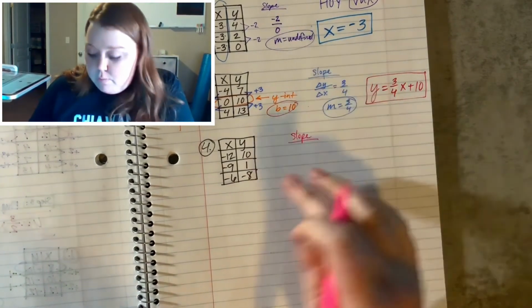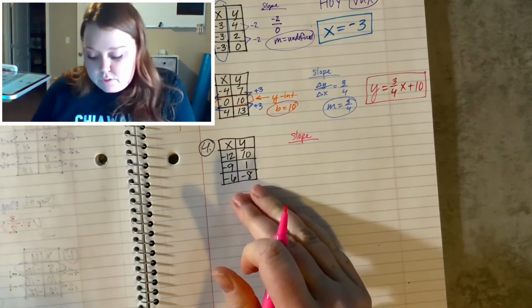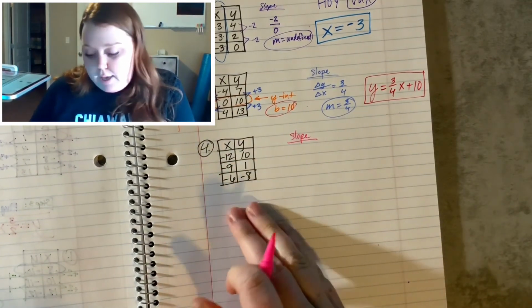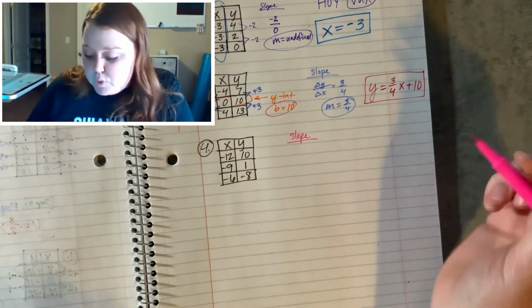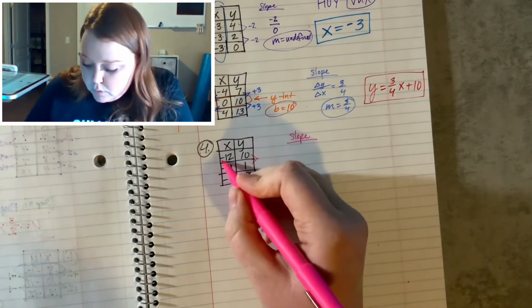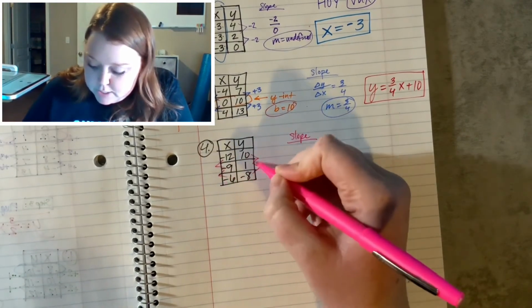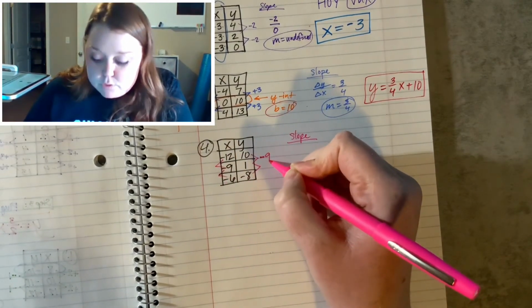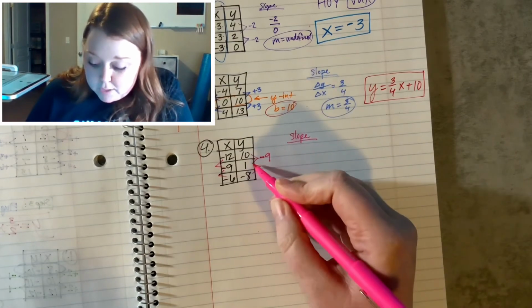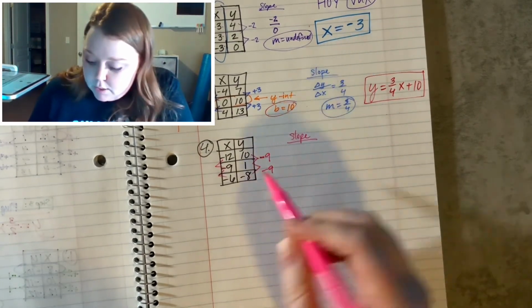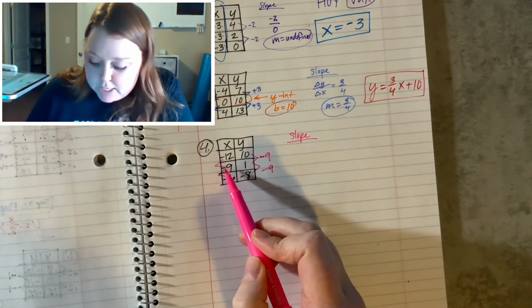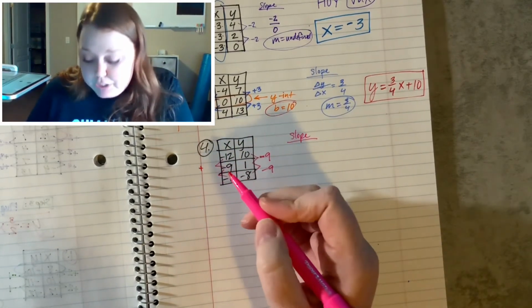Okay, so I've already looked through my table. There's no cool points for us. There's no intercepts given, and it's definitely not an x equals or a y equals weird equation. Okay, so I'm going to find slope. From 10 to 1, that's going down by 9. So make sure you have a -9. From 1 to -8, that's also going down by 9. On the x side, -12 to -9, that's actually an increase of 3.